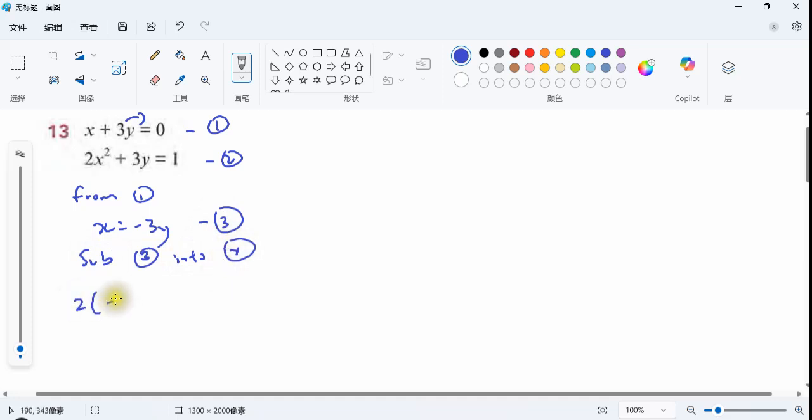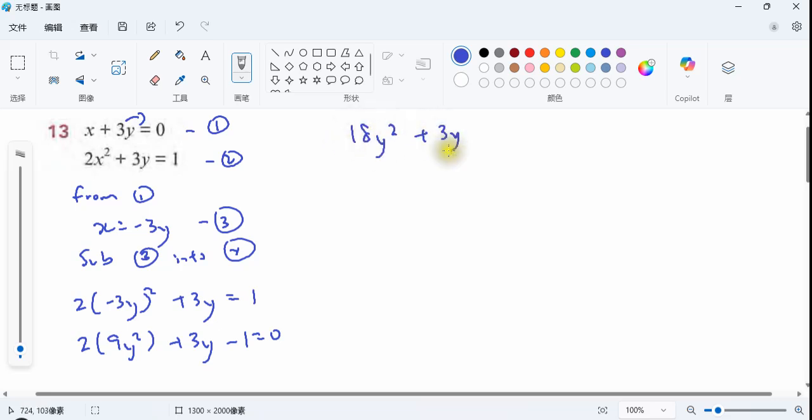Then we have 2 times (negative 3y) squared plus 3y equal to 1. So 2 times 9y squared plus 3y minus 1 equal to 0. So we have 18y squared plus 3y minus 1 equal to 0. Then this one we have (3y plus 1)(6y minus 1) equal to 0.